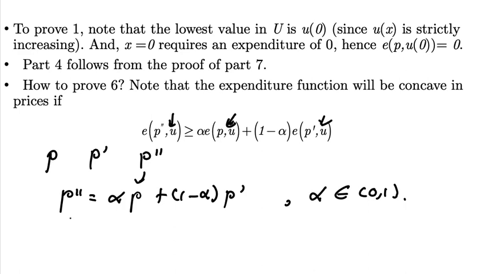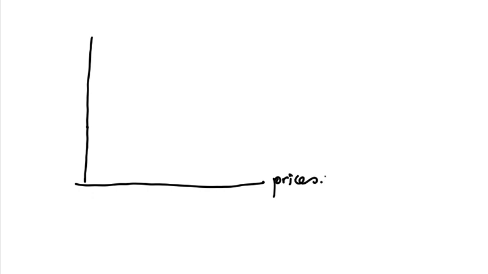Now, how do we explain this concavity concept for the expenditure function graphically? Let's look at the drawing. Let's say graphically our expenditure function looks like this. We have vertical and horizontal axes. On the horizontal axis we have prices, and on the vertical axis we have expenditure, and the concavity of expenditure may look like this.